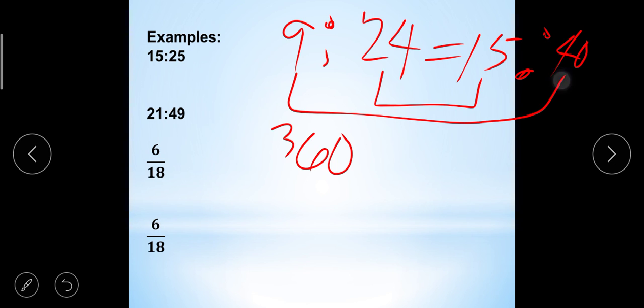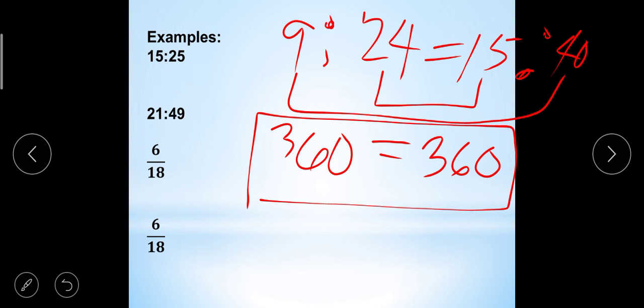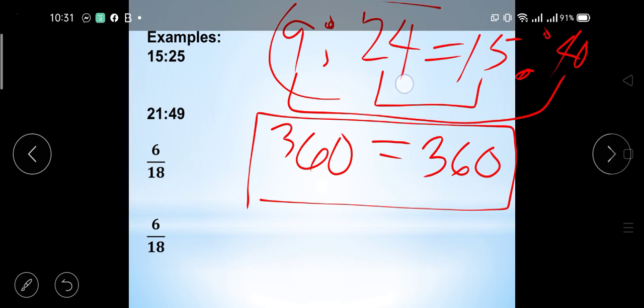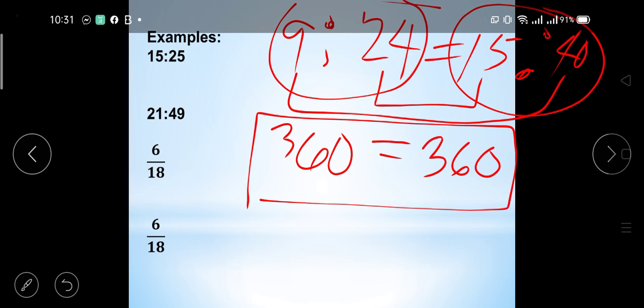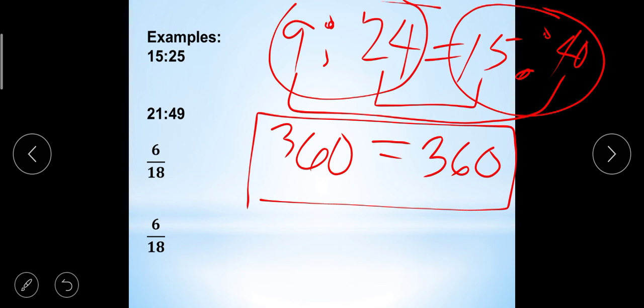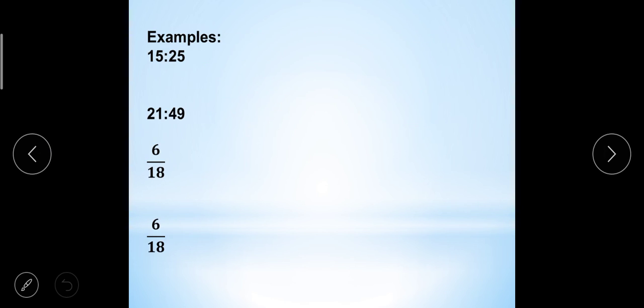The product of the extreme, 9 and 40. 360 din. Okay, so this is proportion. So, ibig sabihin, yung 9 is to 24, and then 15 is to 40 is proportion.